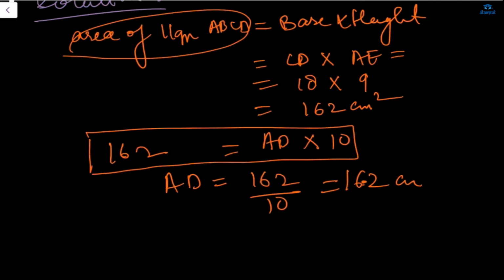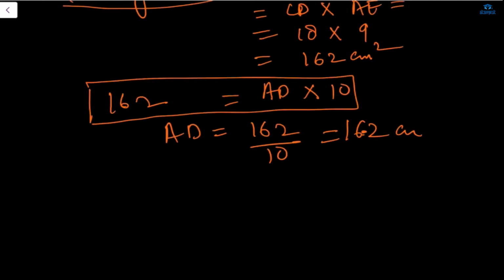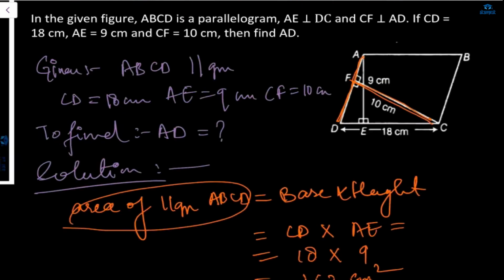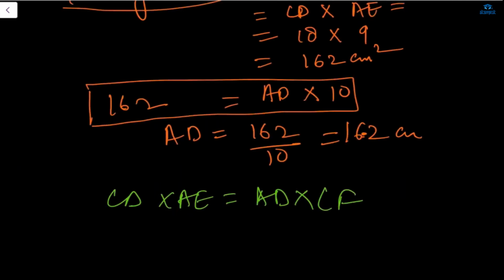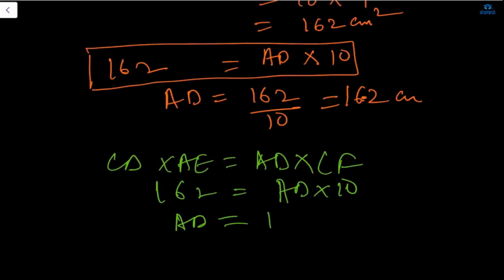In that way it is also the same thing, that the area of the parallelogram can be written as CD into AE is equal to AD into CF, and it will be 162, and it will be AD into 10. So AD will be 162 upon 10.